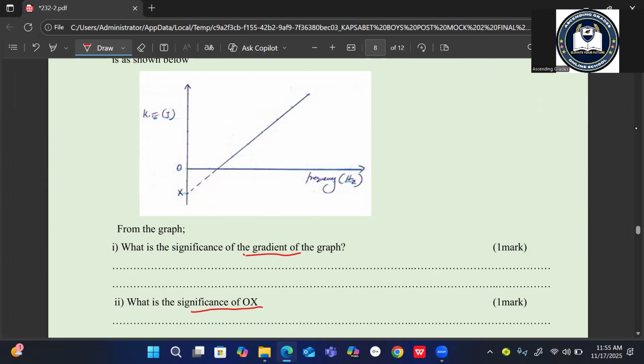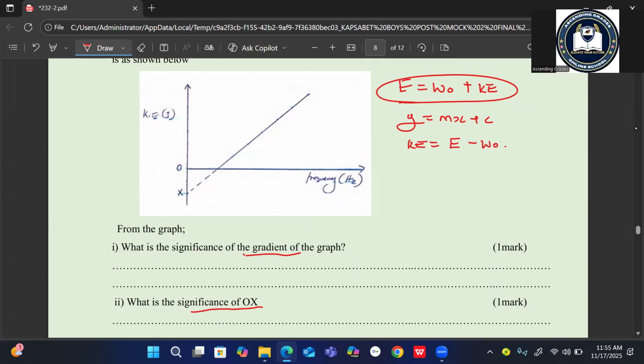The original equation was supposed to be energy of a photon is given by the work function plus kinetic energy. Then we rewrite this equation to match y equals mx plus c. Then from the graph, our KE becomes the subject. So KE will be given by energy minus work function.